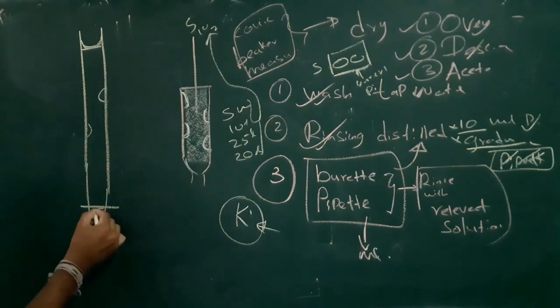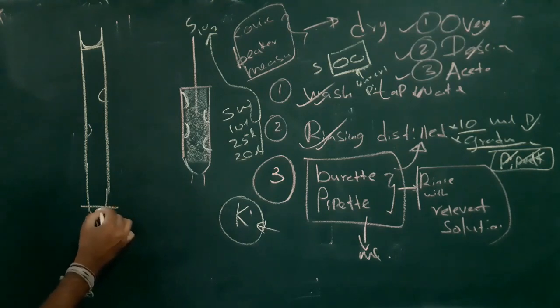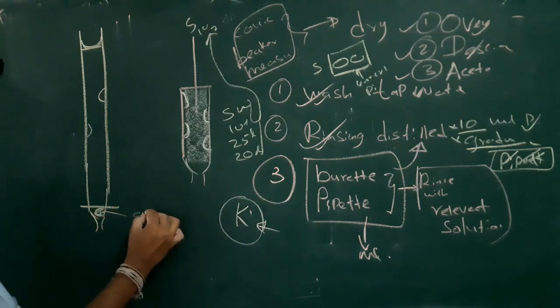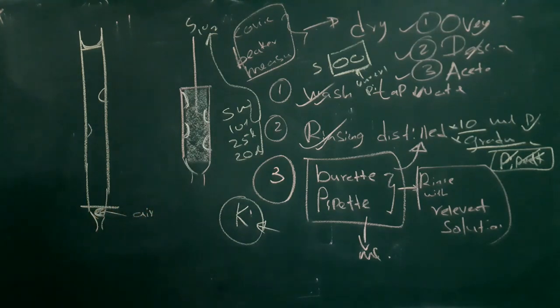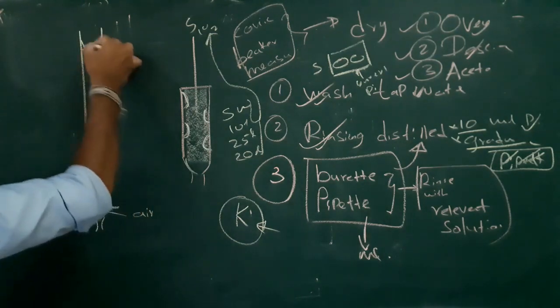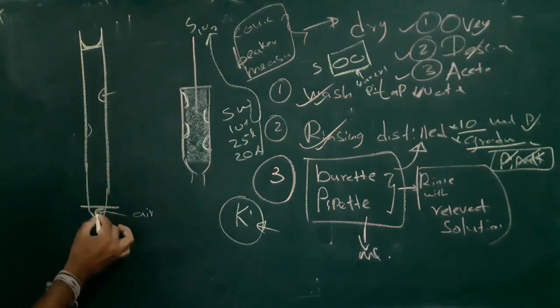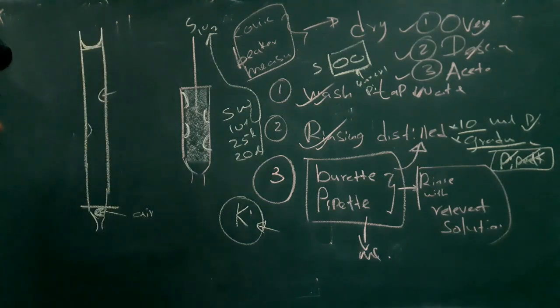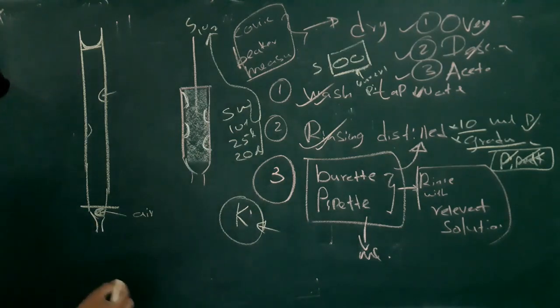We have to check the tap. Near this tap region there may be air bubbles. So before we start the titration, we have to check whether the volume is correct, the meniscus is correct, the tap is correct. Everything we have to check before starting this experiment. We have to use a white tile.